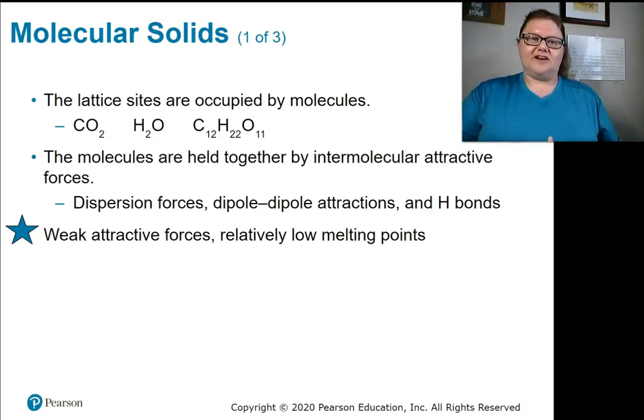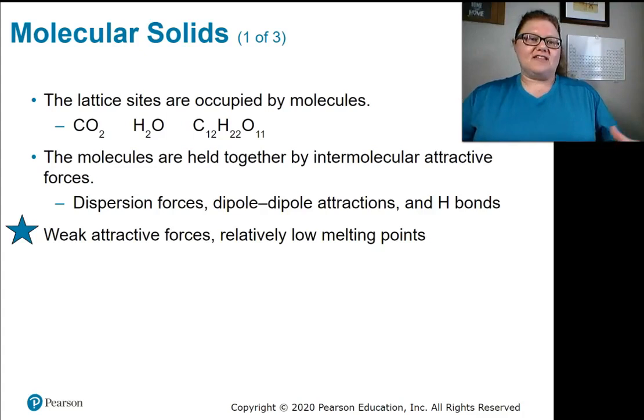So let's talk about the molecular solids first. This is where the lattice sites are occupied by molecules. I just gave 3 examples of molecules. It doesn't have to be these 3. We've got carbon dioxide, water, and table sugar there. The molecules are held together by intermolecular attractive forces, which include the London dispersion forces, the dipole-dipole interactions, and hydrogen bonding.